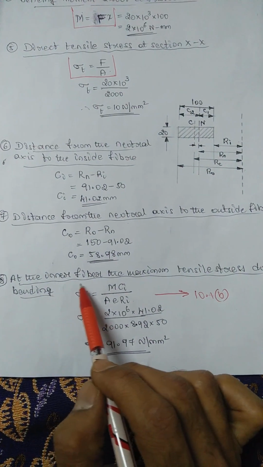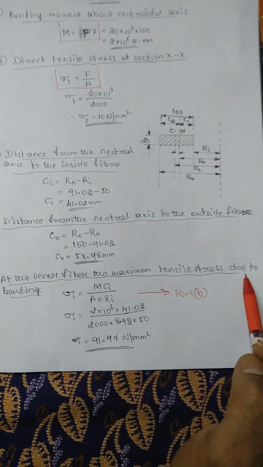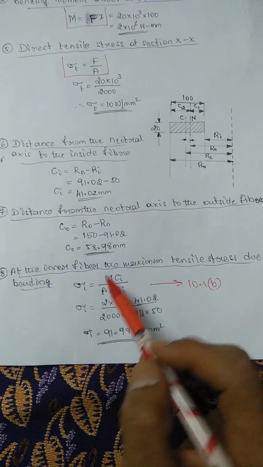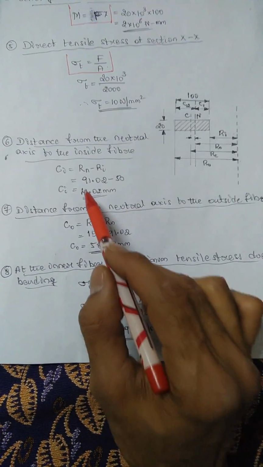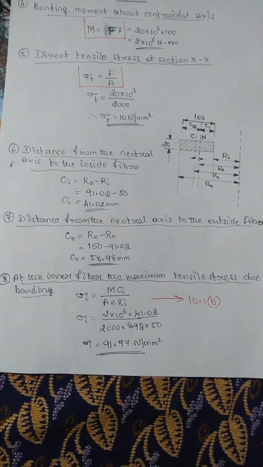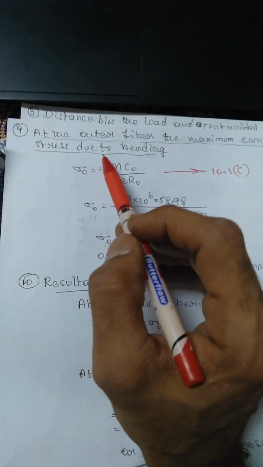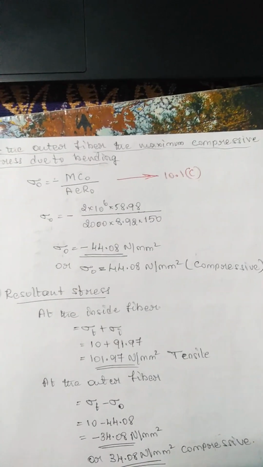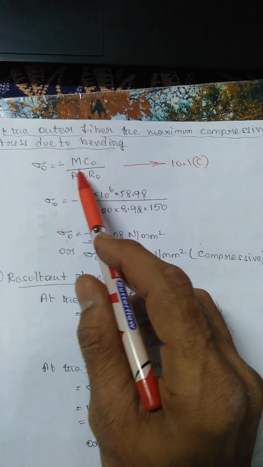At the inner fiber, the maximum tensile stress due to bending is shown in the equation, so the ci value is here and the co value is here. This is for the inside, and this one is for the outer fiber, equation 10.1c.